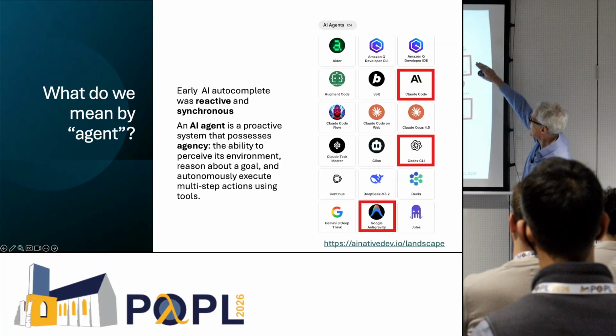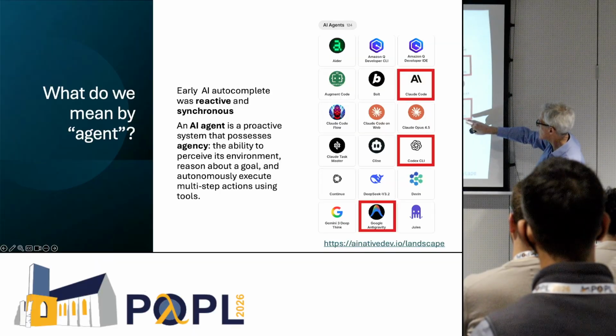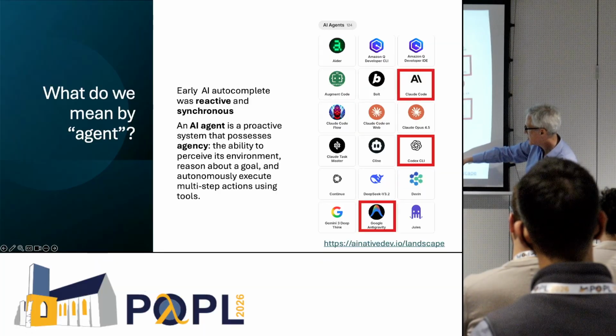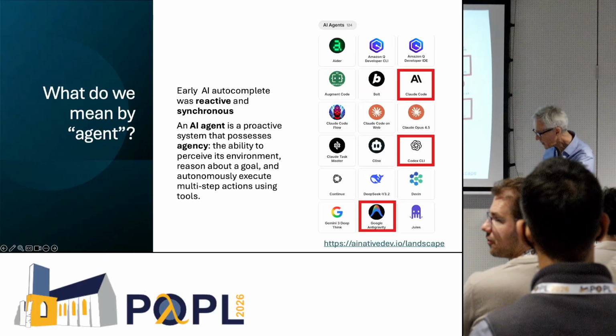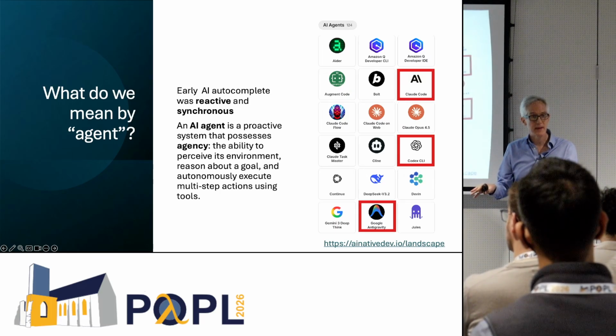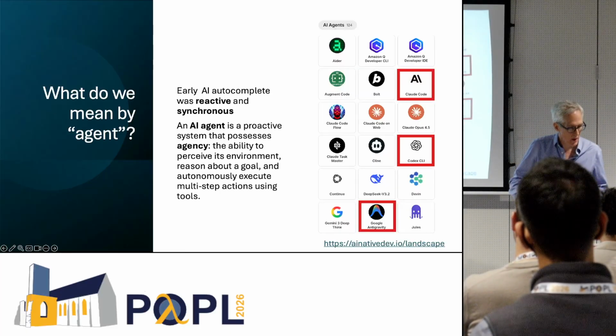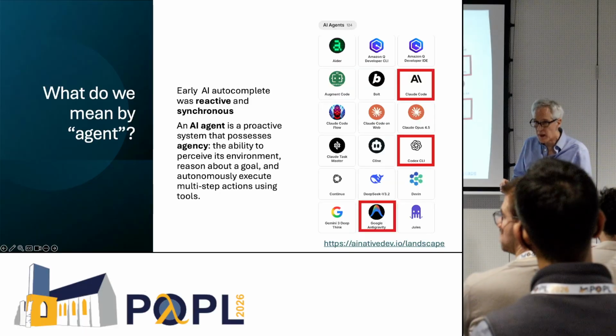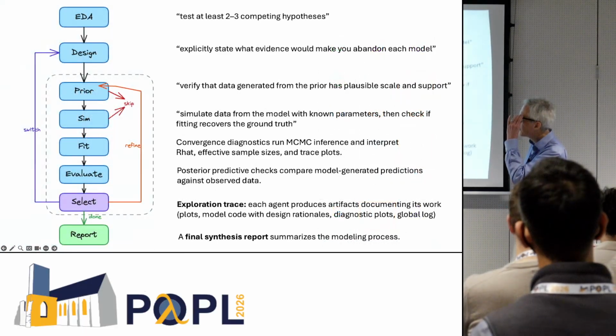So the one that maybe is most famous just at the moment is Claude Code from Anthropic. There's also Codex CLI from OpenAI, and there's Gemini and Google Anti-Gravity from Google, and a whole lot of other ones. So these tools, you basically give them a command and then they'll execute a while. And they can issue shell commands, they can issue a bunch of things to get some work done.